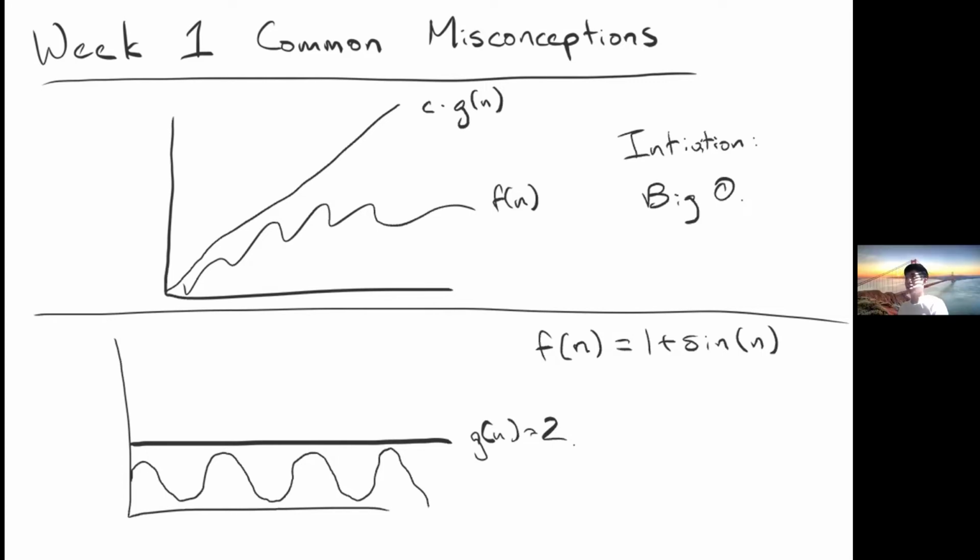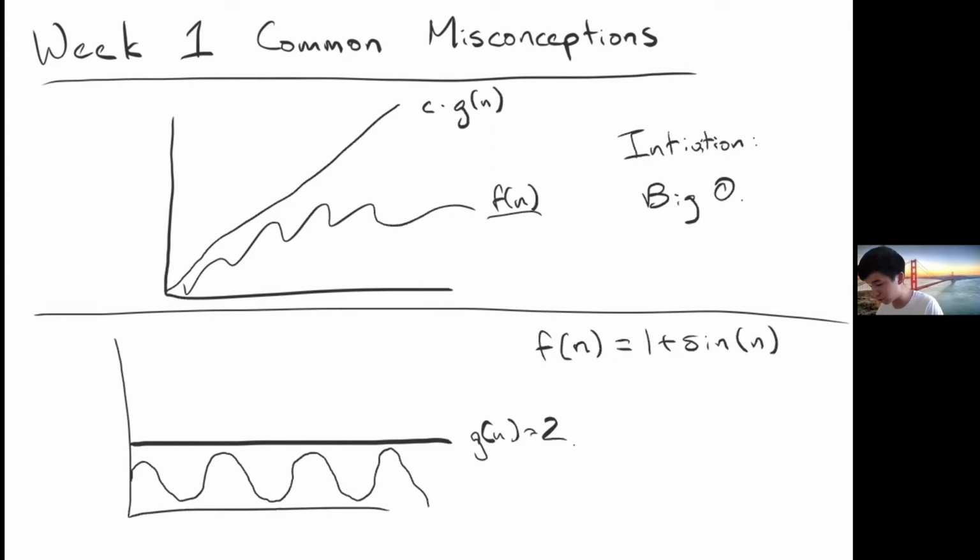Yeah, so for f of n to be theta of g of n, let's go up to the picture up here. It means that it's bounded above and below by some constant multiple of g of n. But crucially, it doesn't have to be the same constant.